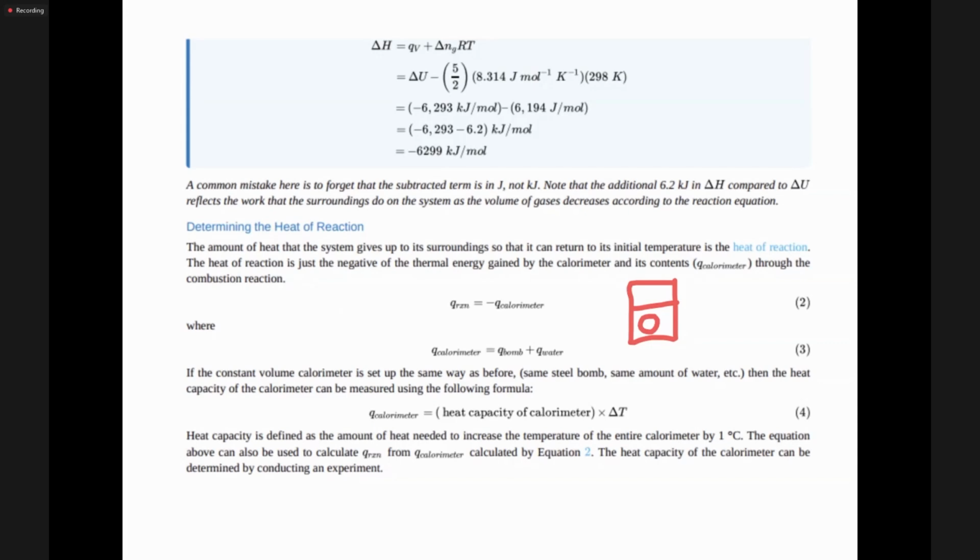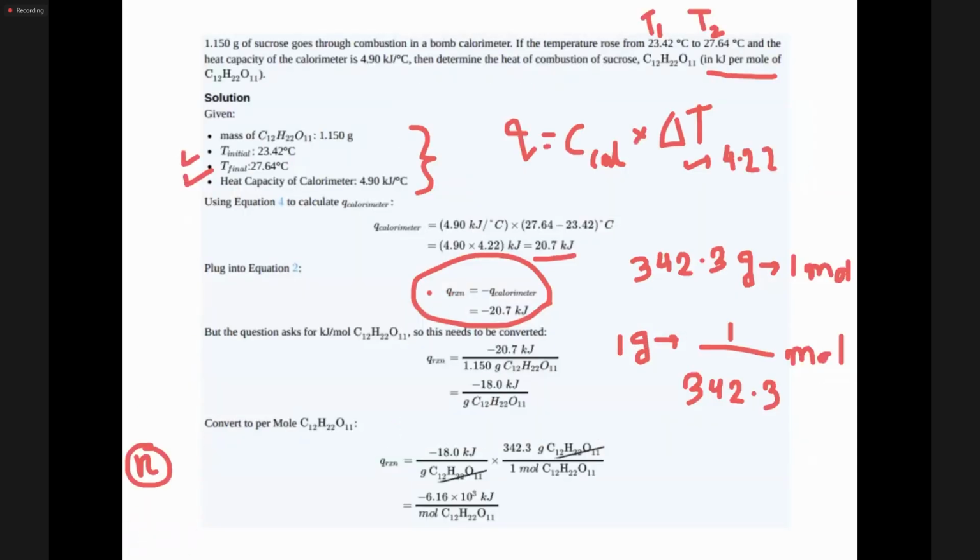If the reaction gives up Q reaction, the entire amount of heat will be absorbed by the calorimeter. So Q reaction is just the negative value of Q calorimeter, that is minus 20.7 kilojoule.